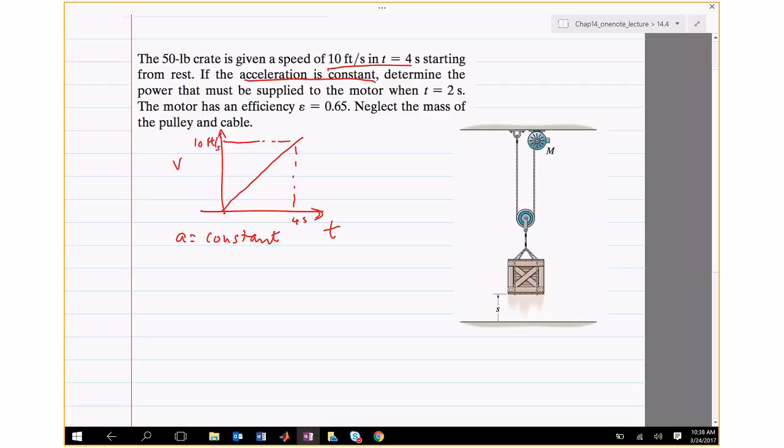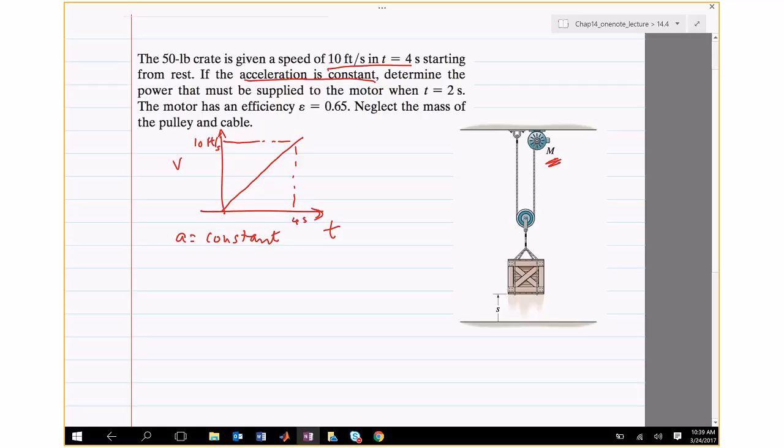Okay, so there is a motor, and it's spinning at such a speed that it is applying a torque such that the 50-pound crate is moving at constant acceleration. Okay, and that's why you get that velocity time profile.